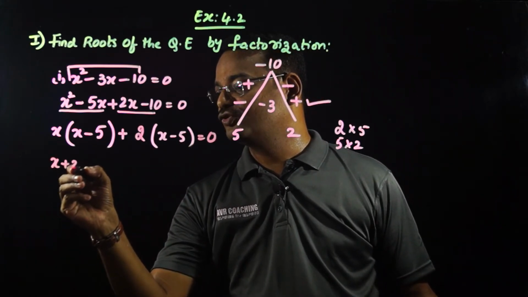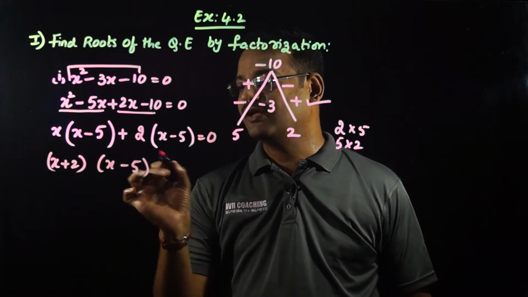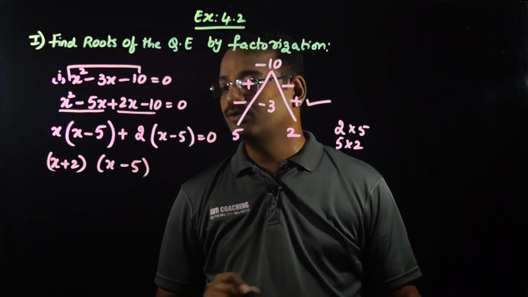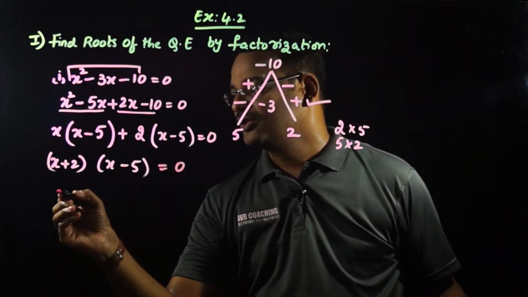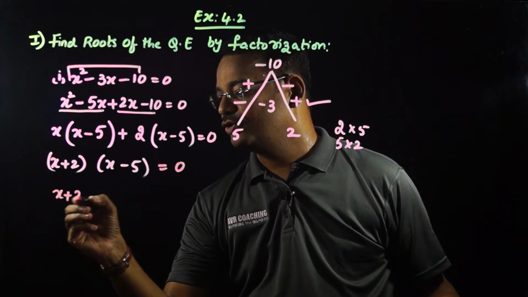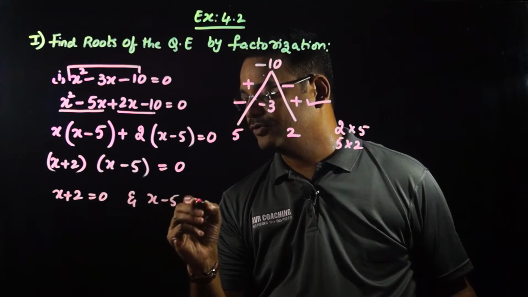So x plus 2 and x minus 5. Even though we are having x minus 5 two times, we will only write it one time, equal to 0. So this is x plus 2 equal to 0 and x minus 5 equal to 0.